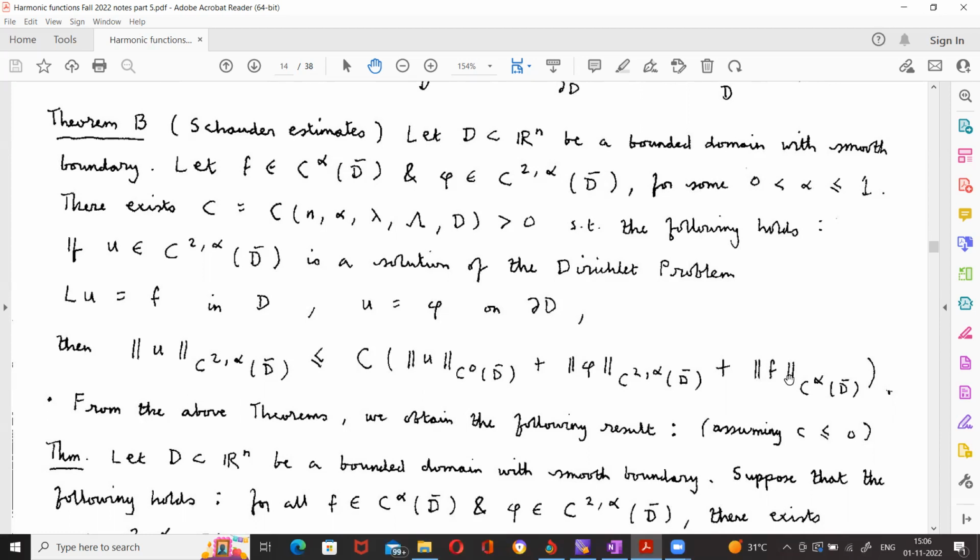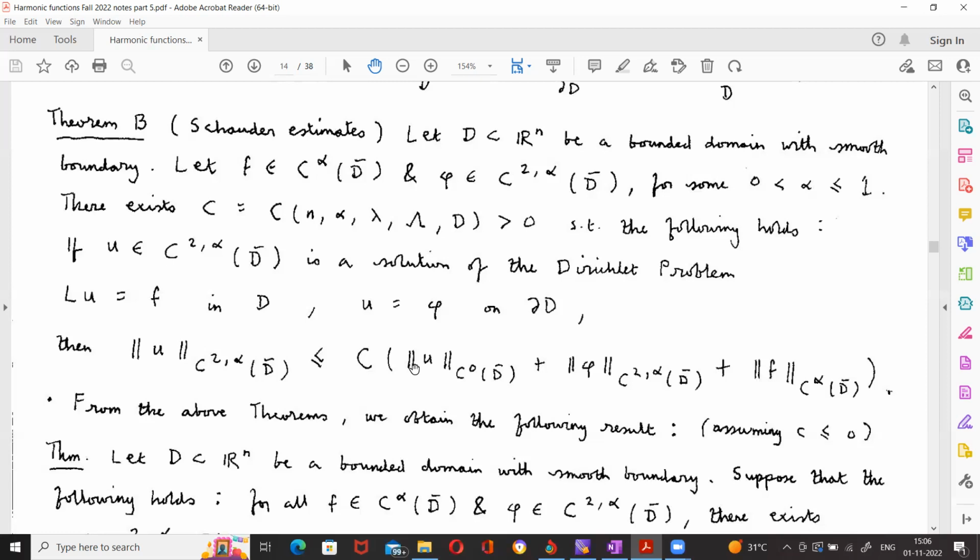So you see, we're getting an improvement. What is the non-trivial thing here? On the left-hand side, we have all the derivatives up to order 2, and the alpha Holder norms of the second order derivatives.